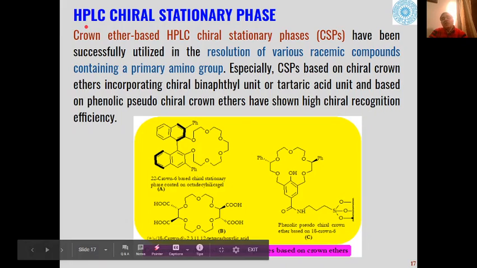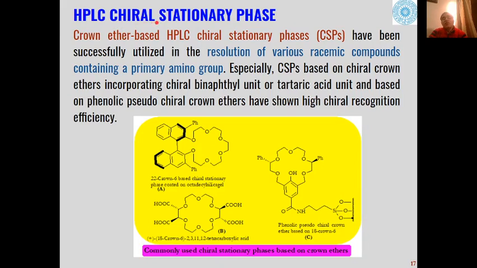These crown ethers are also used as HPLC chiral stationary phases. They have been utilized in the resolution of various types of racemic compounds containing a primary amino group. These are some of the examples which have been used as chiral stationary phases in HPLC.